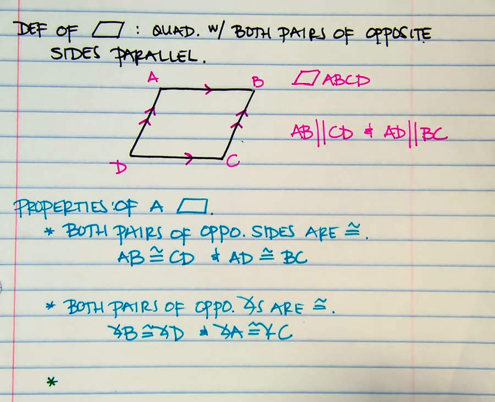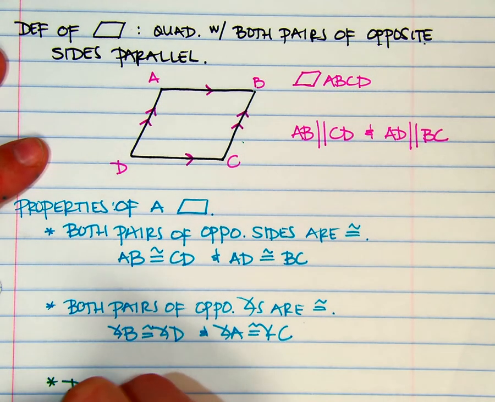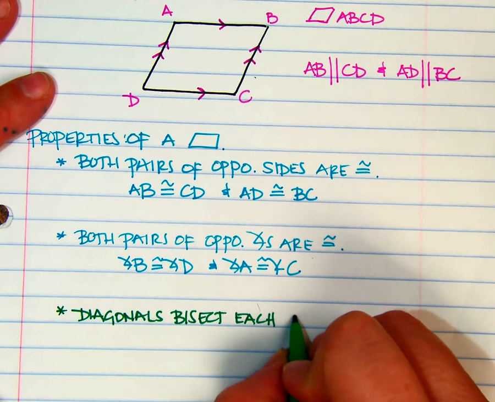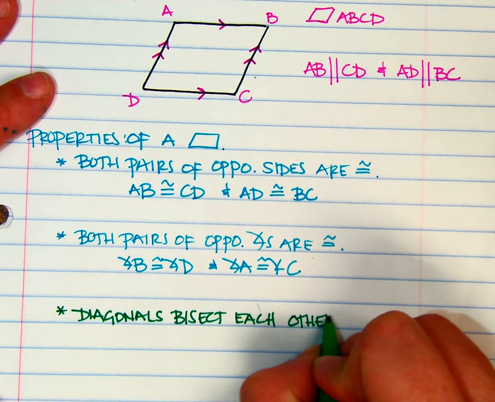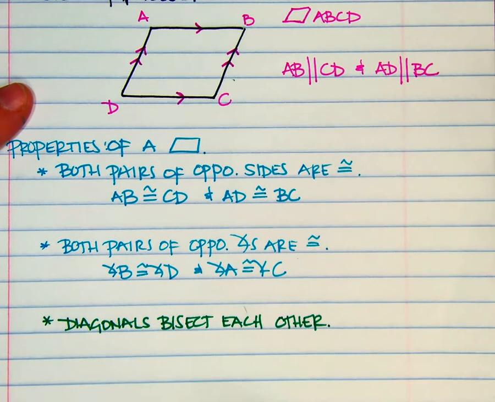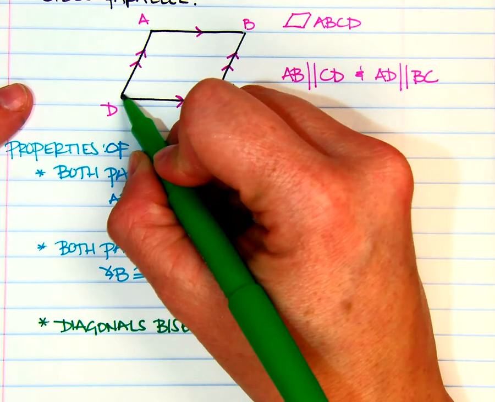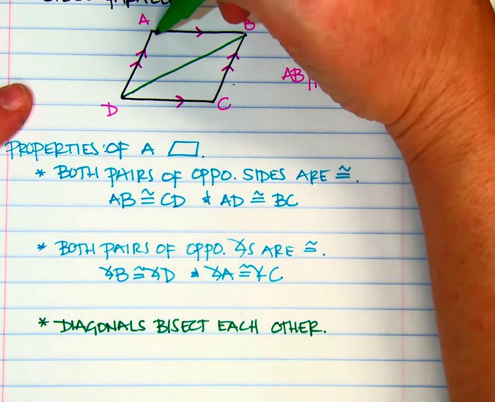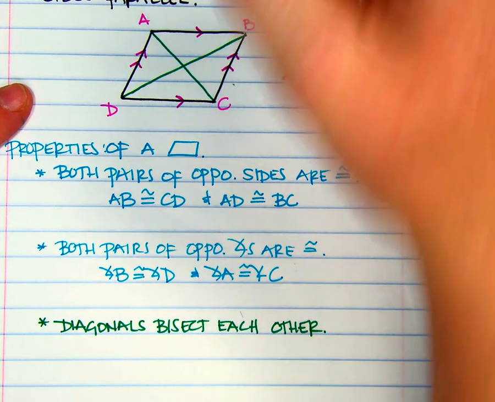This is probably the one that people mess up the most, and that is the fact that diagonals bisect each other. So what that means, going back to this diagram, BD would be a diagonal, and AC would be a diagonal.